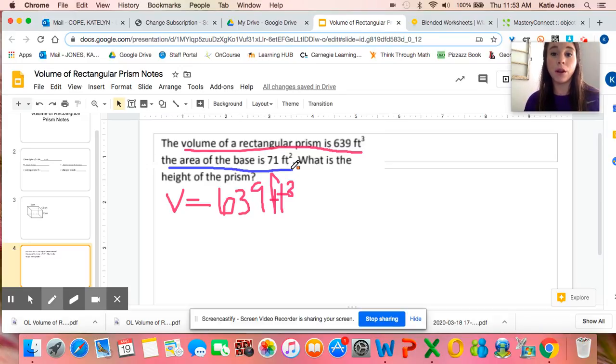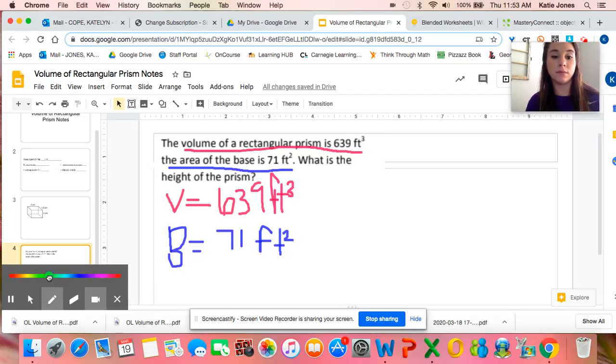And if you remember earlier, I said that the big B represented area of the base. So they also give us our big B equals 71 feet squared. And what they are looking for is the height. So what is the height?